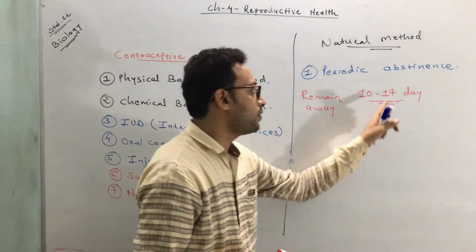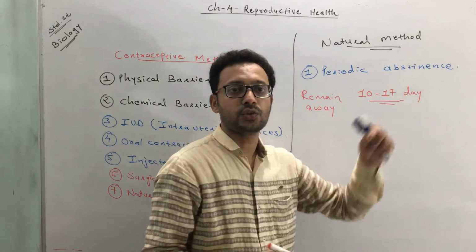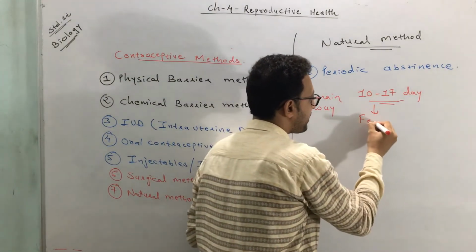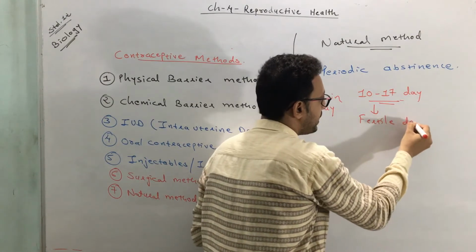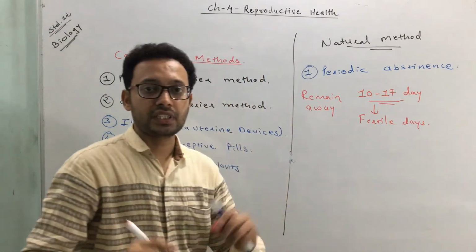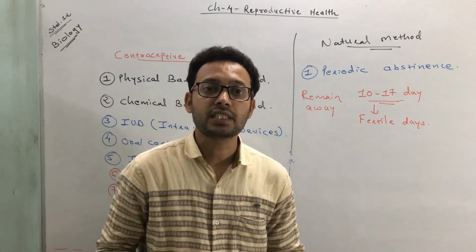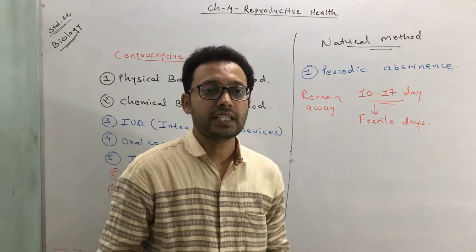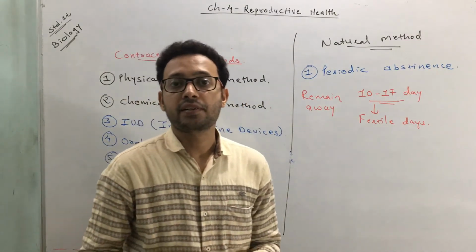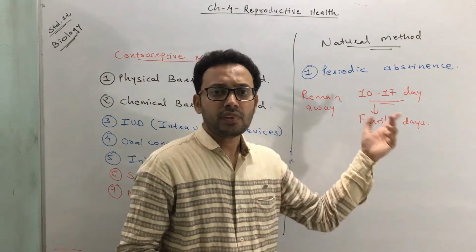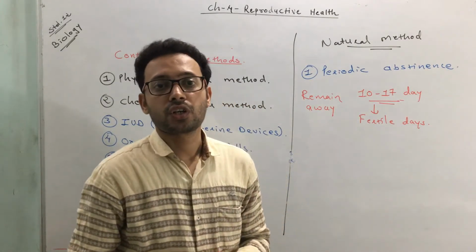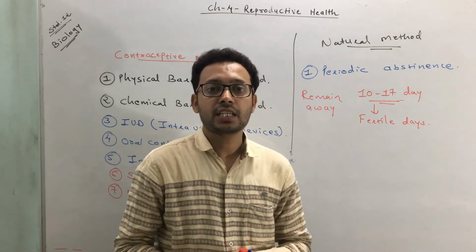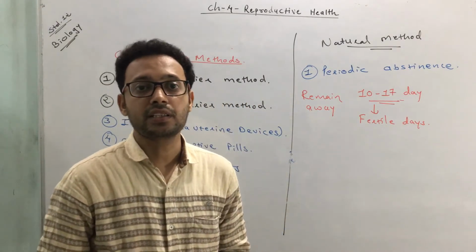They don't perform sexual activity during day 10 to day 17 because these days are considered fertile days. During these days, the chances of conception and pregnancy are very high. Why are these the fertile days, or why do these days have the most chances of conception or pregnancy?